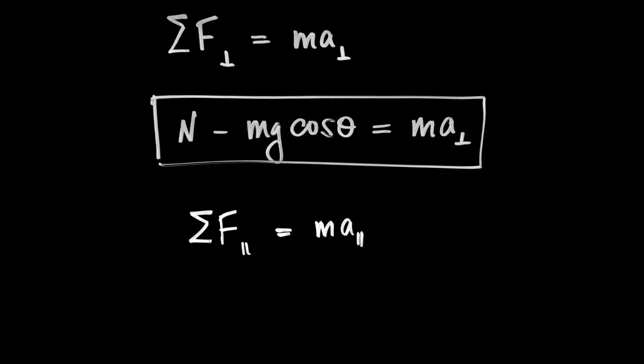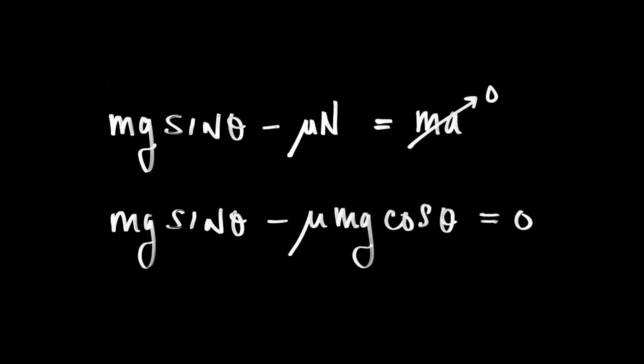Because when I go to my Newton's second law equation of motion for the parallel direction, I see that it has the friction in it. So let me rewrite it. That is mg times the sine of theta minus what I know the friction to be equal to. I now have an equation for the friction force, and I can plug it right in here.